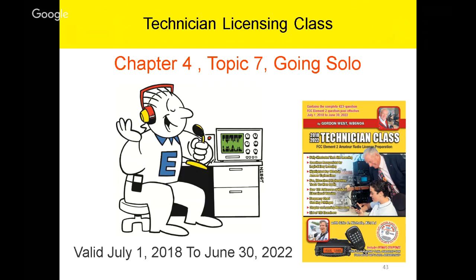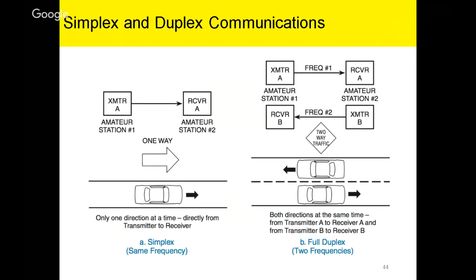So you get your first radio and everything, and it's good to listen a lot, but to understand the difference between simplex and duplex communication. Simplex communication is being able to communicate directly with the other person on the same frequency.